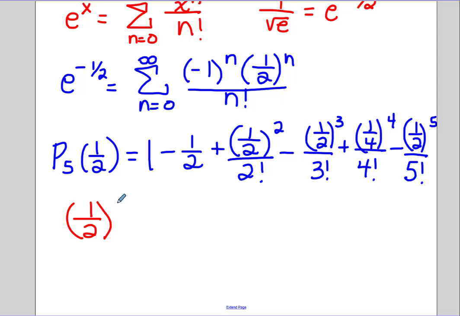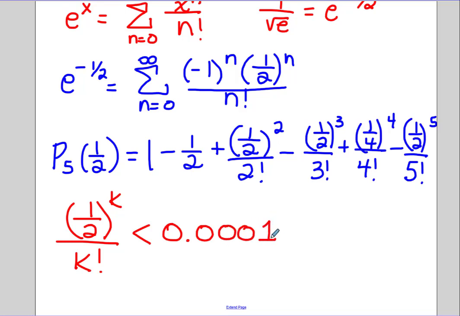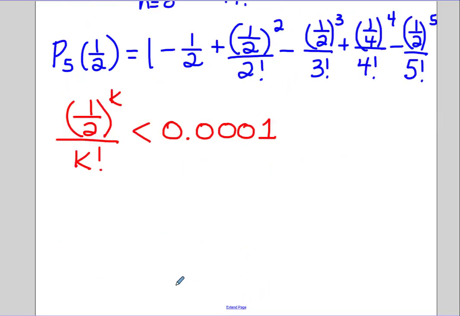1/2 to some value k divided by k factorial, what this question is asking us is, can we get a value that's less than 0.0001? So we want to be accurate up to the 4th decimal place. And this is the maximum error since it's an alternating series.